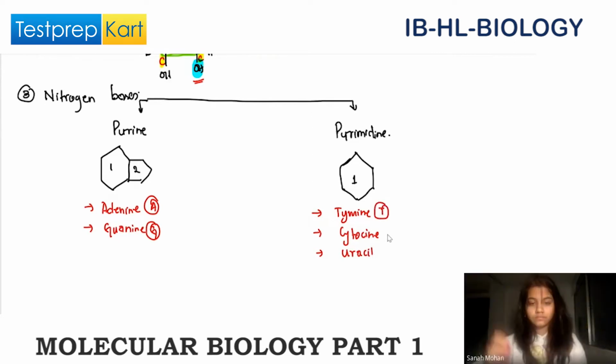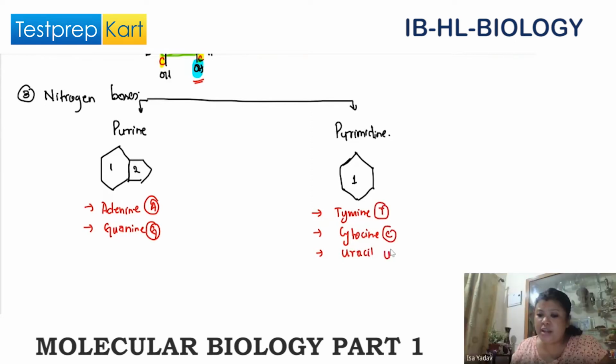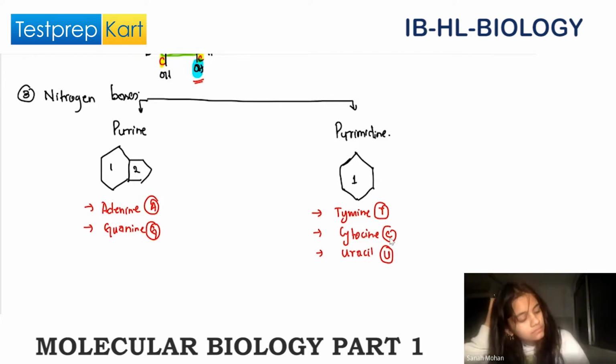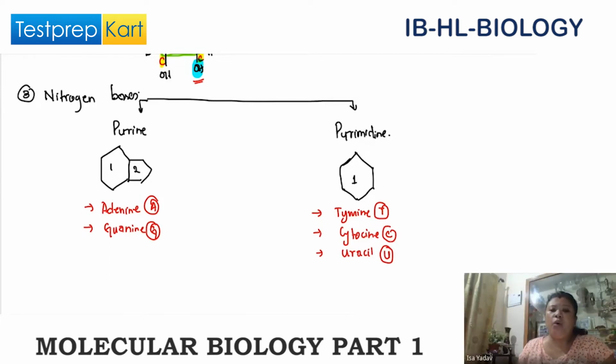Thymine is T, cytosine is C, and uracil is U. Out of this, adenine is present in both DNA and RNA. Guanine also is present in DNA and RNA. Thymine is exclusively in DNA.